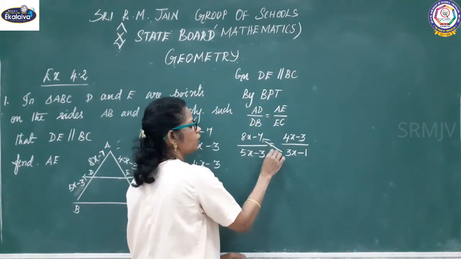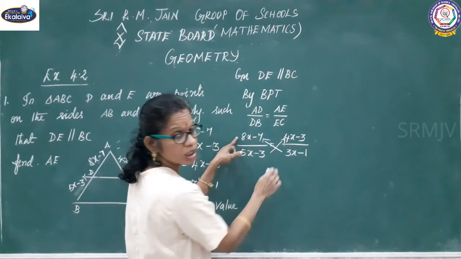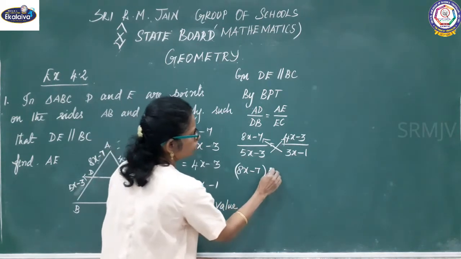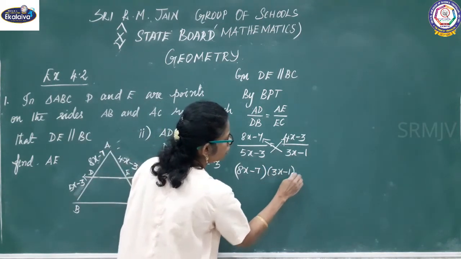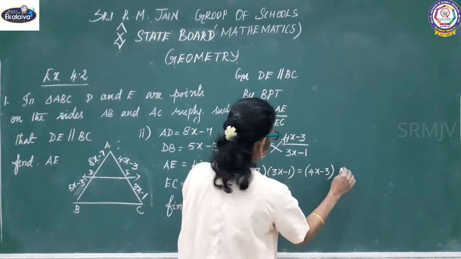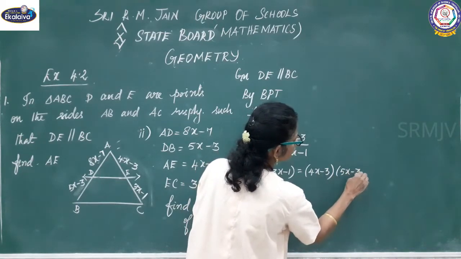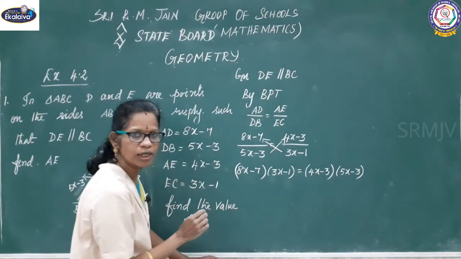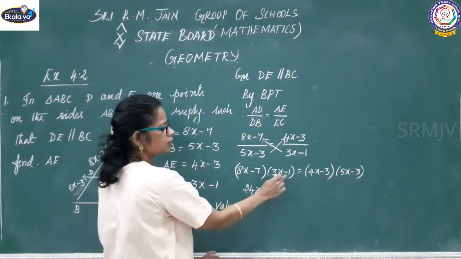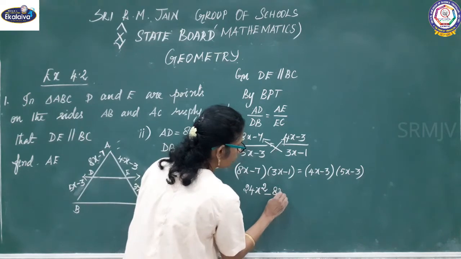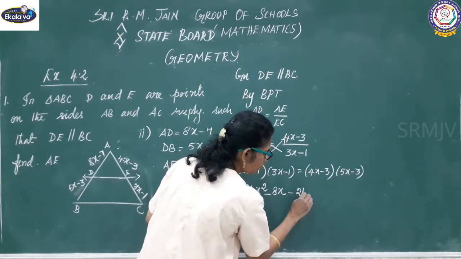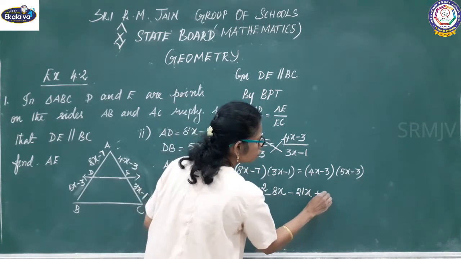Now you have to cross multiply. 8x minus 7 into 3x minus 1 equal to 4x minus 3 into 5x minus 3. 8x into 3x, what is it? 24x square. 8x into minus 1, minus 8x, minus 7 into 3x, minus 21x, minus into minus, plus 7.